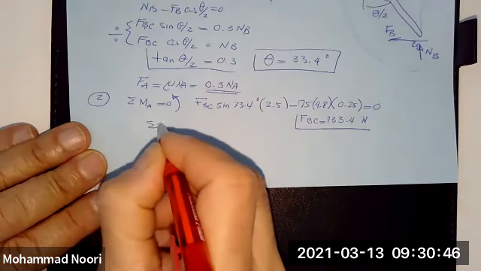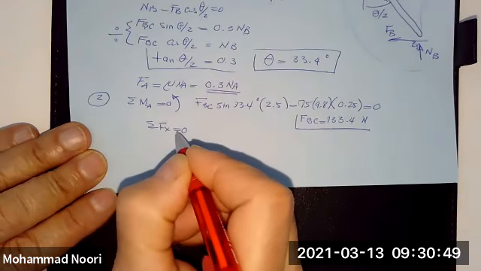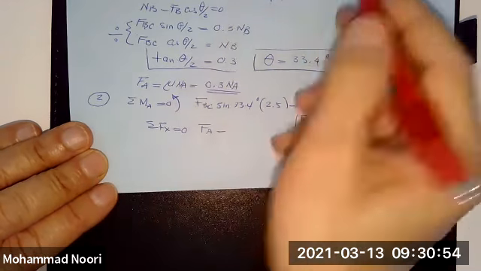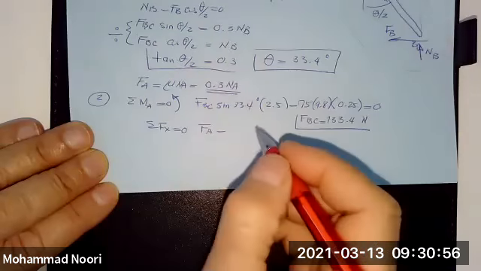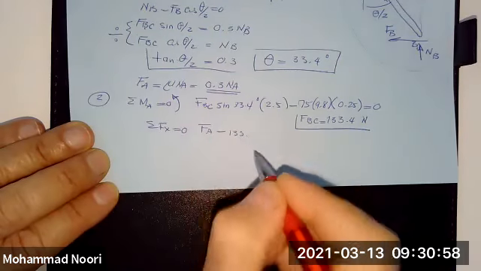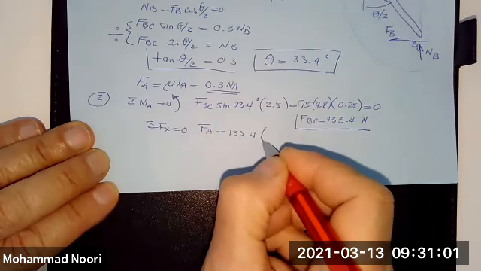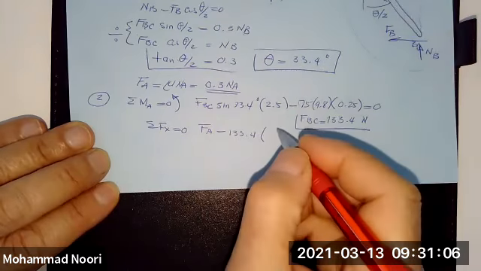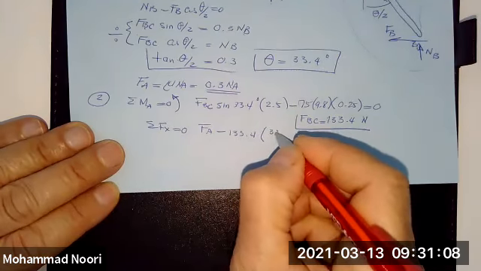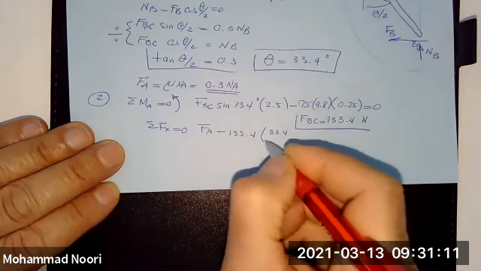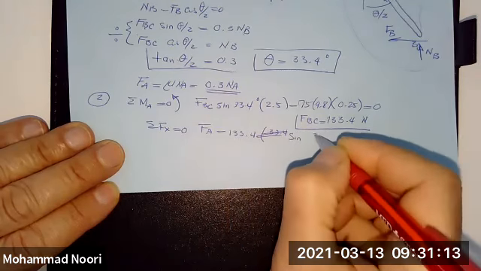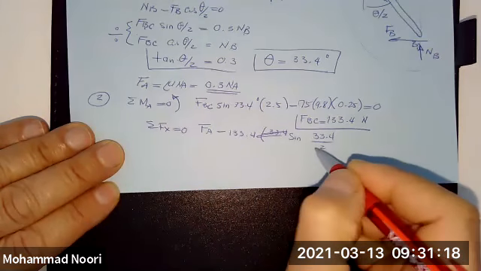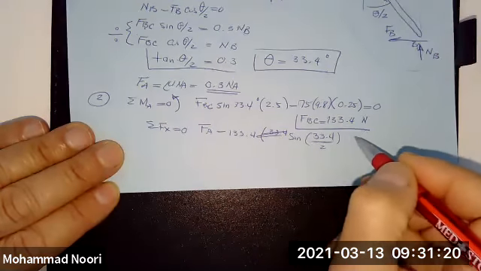Now, if I write summation of forces along x equal to 0, F of A that I get for the equilibrium would be F of A minus this component, 133.4 times sine of 33.4 divided by 2, is equal to 0.